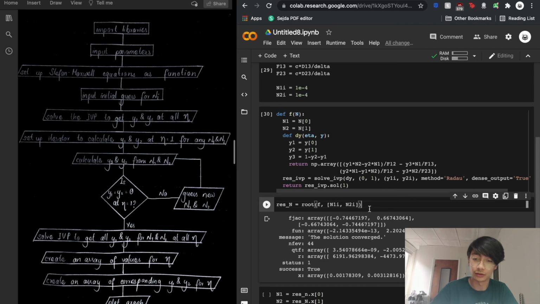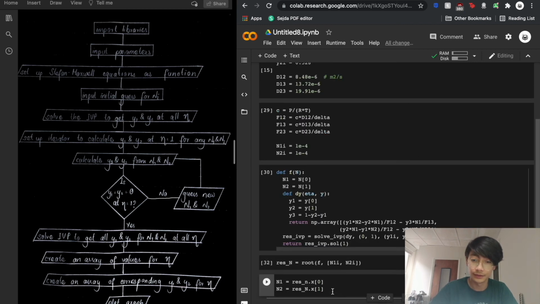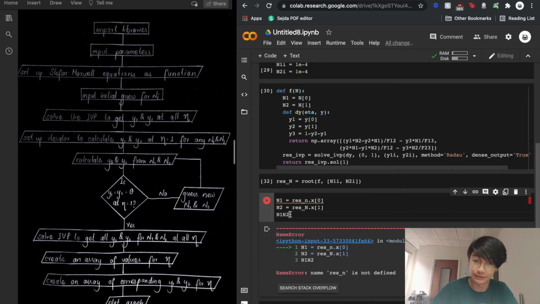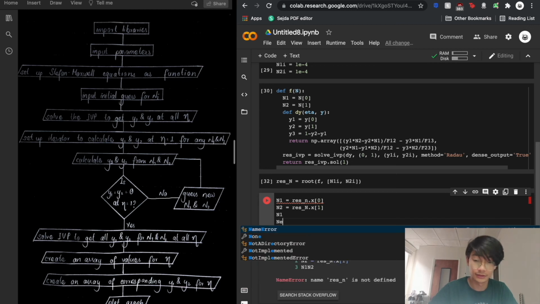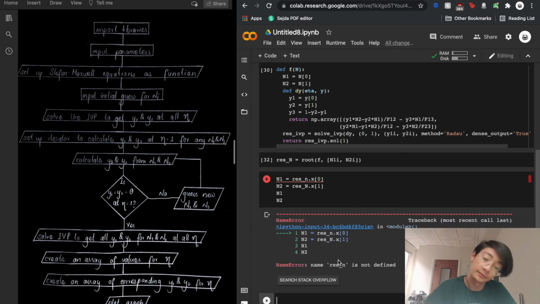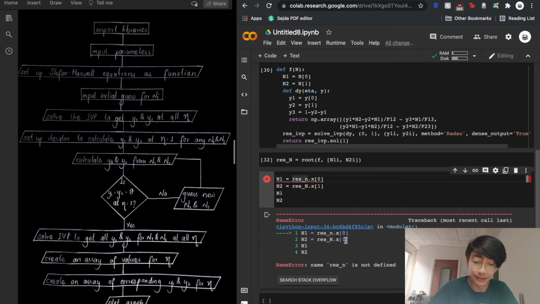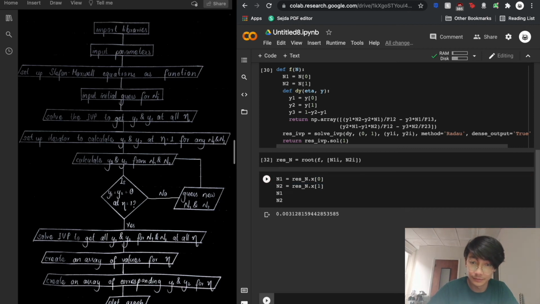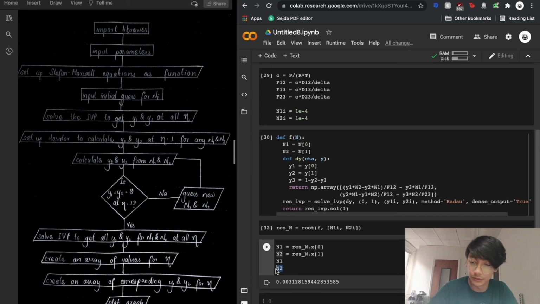So let's go ahead and run all of that. And let's see what the values of n1 and n2 are. Okay, I made a small error there. Alright, let's see. Okay, it looks like I didn't capitalize the n. Alright, there we go. So that's our value for n1, and our value for n2 is there.